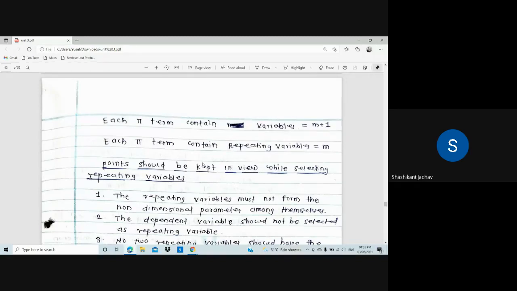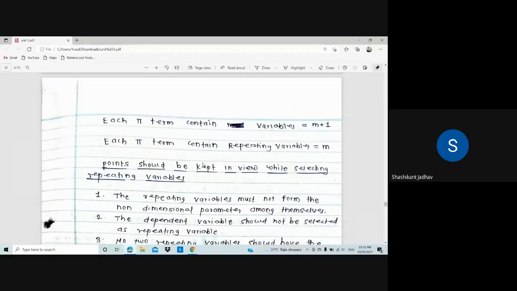So all of you write down, each pi term contains variables is equal to m plus 1.